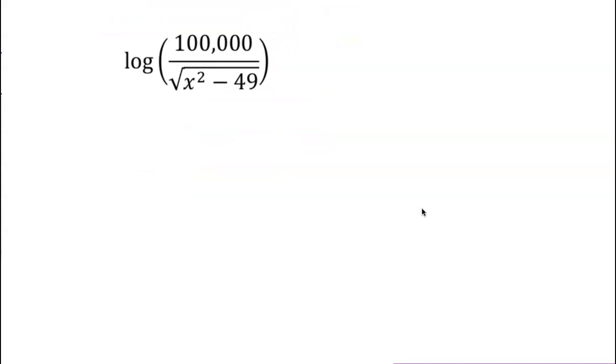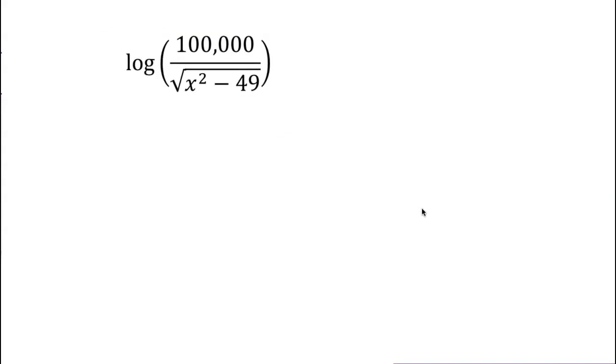Let's expand this out, okay? So what I see is this 100,000 on top of the fraction. And I also see the square root of x squared minus 49. So I'm going to separate this out here, okay? So first, I'll write log. Oh, that's a common log. 100,000.